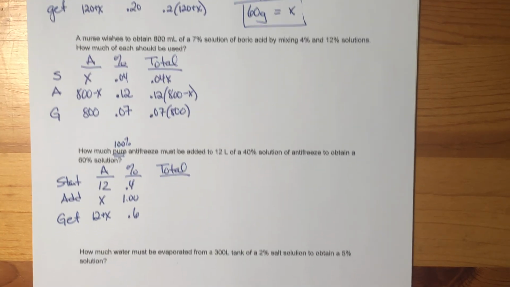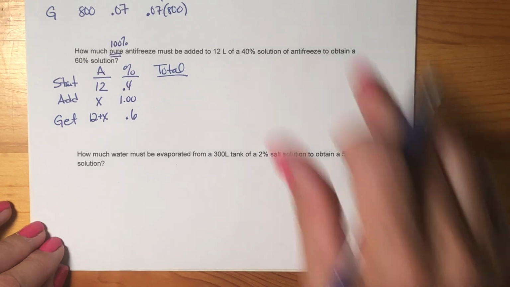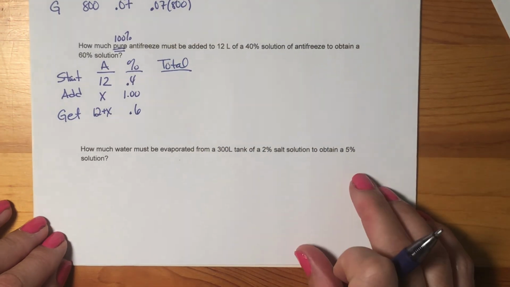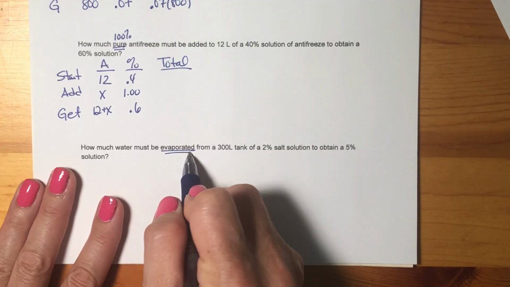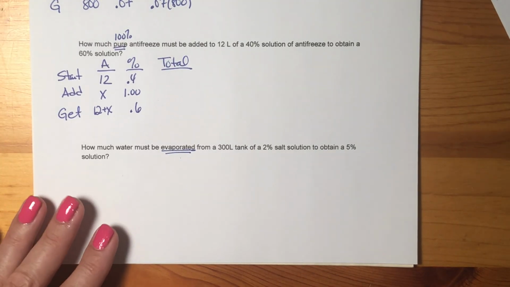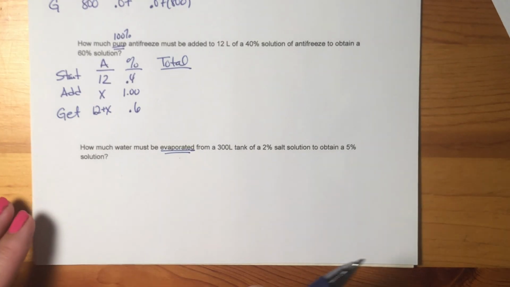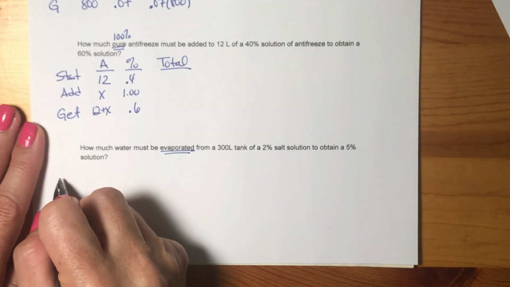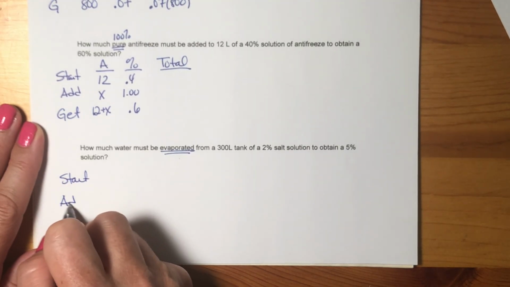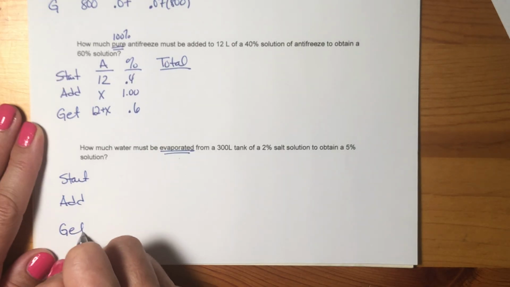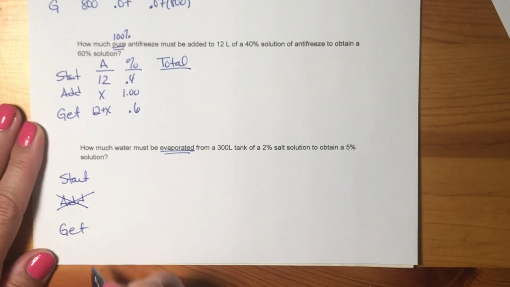And one last one, I think this is my favorite one of the whole problem set today. Okay. It says how much water must be evaporated. Oh, evaporated. We're going to set this up a little bit differently. So let's see. Instead of doing a start, add, get question, right? I'm not going to add. What am I going to do?